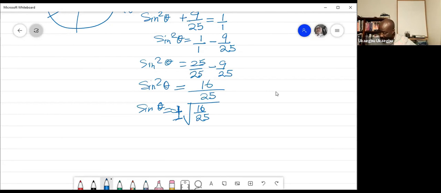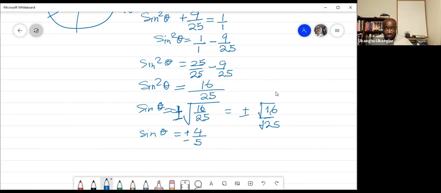All right? So now let's do the square root manipulation. That's going to give us plus or minus square root of 16 over square root of 25. And therefore, sine theta is plus or minus 4 over 5.